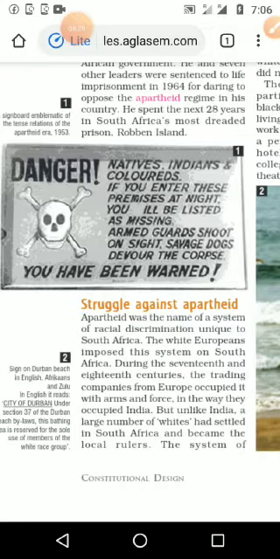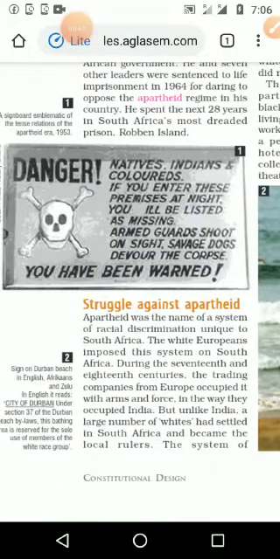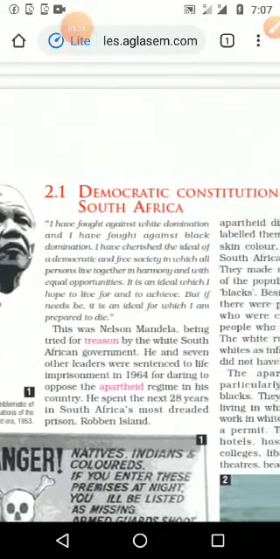In some premises, the Indians, meaning black people, as well as coloreds, meaning a mixing of whites and blacks, should not enter. And if they enter that premises, they will be listed as missing. How? The guards will shoot you on the spot, and the dogs will eat your dead body. So they are giving this warning to the people of that area.